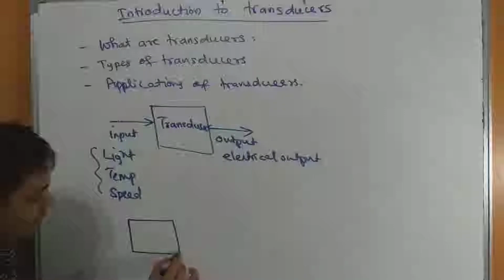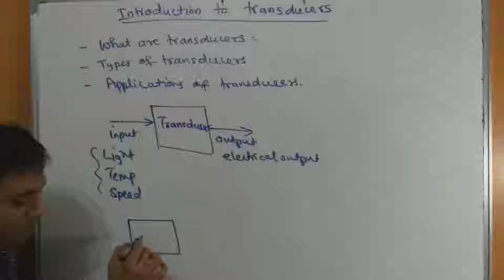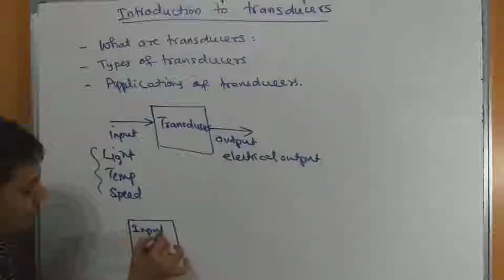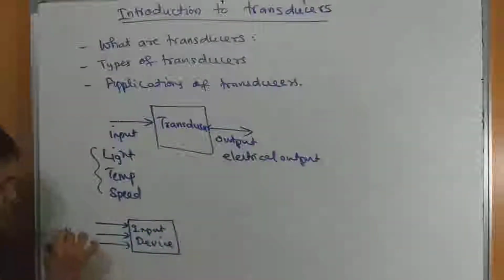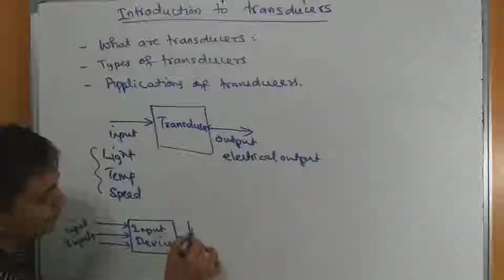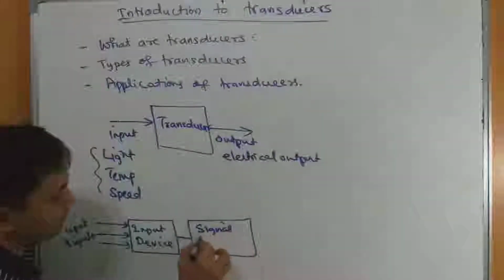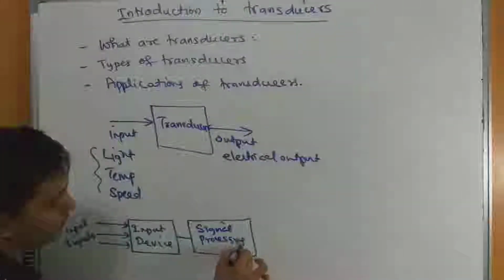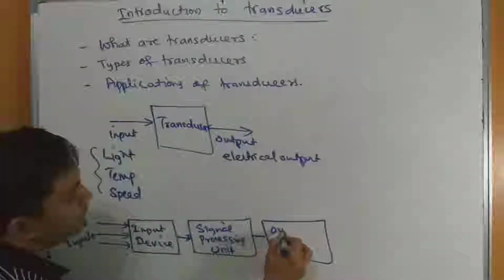For example, if you look at a very general instrumentation system, it normally consists of an input device, receiving various input signals. Then the second stage we call the signal processing unit, followed by an output unit.